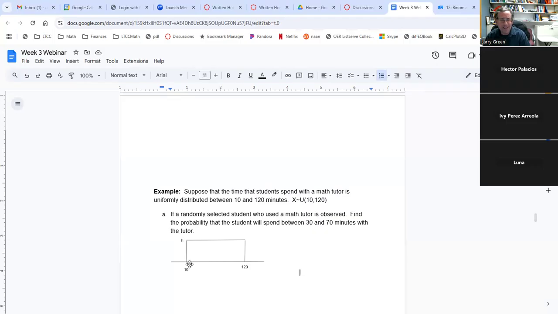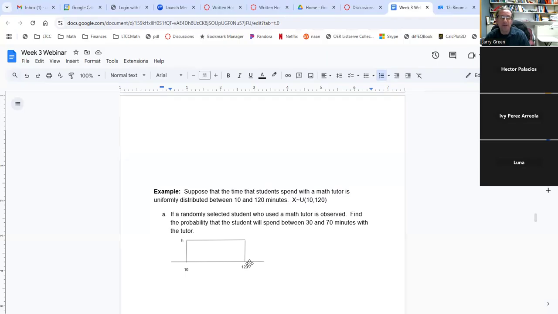Okay, so the idea is remember that the probability of being between those numbers, 10 and 120, is the area under the rectangle or in the rectangle. But if it's a uniform distribution and everyone spends between 10 and 120 minutes seeing a tutor, then there's a 100% chance of being between 10 and 120.